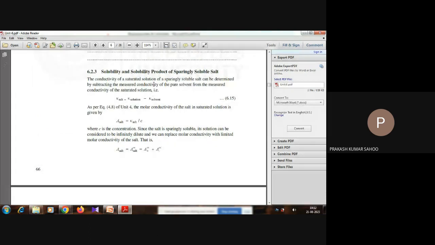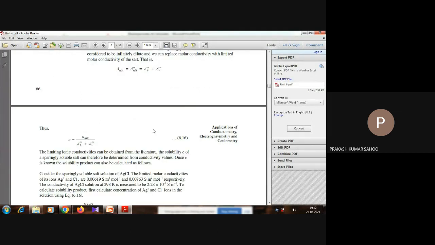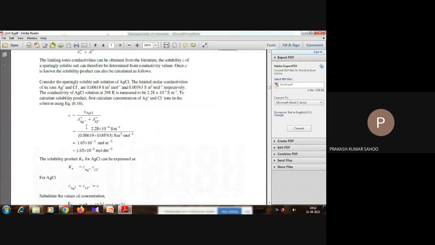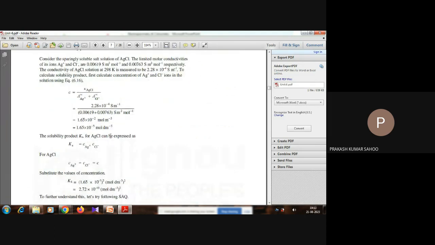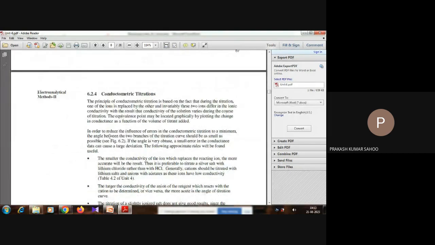Then we have solubility and solubility product. This is also related to your equilibrium constant equation like this. Here the concentration will be HgCl divided by Hg plus and Cl minus. This is just a small problem here. Just go through these things.